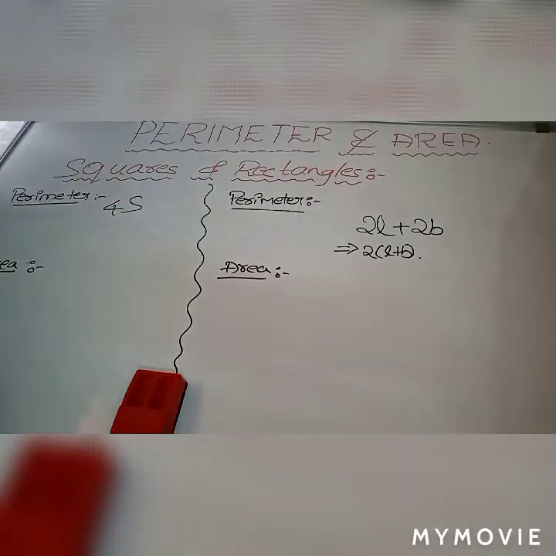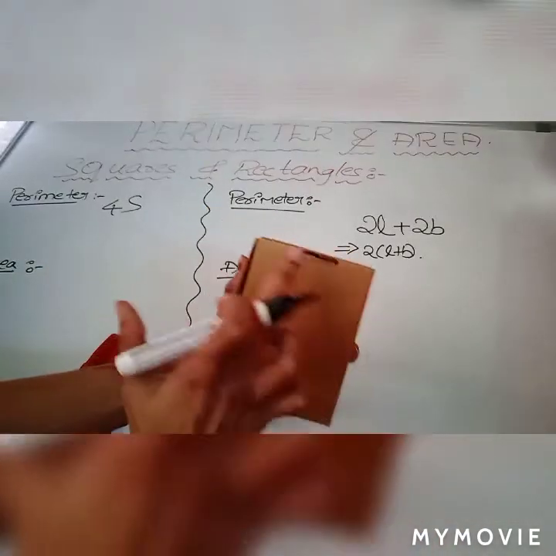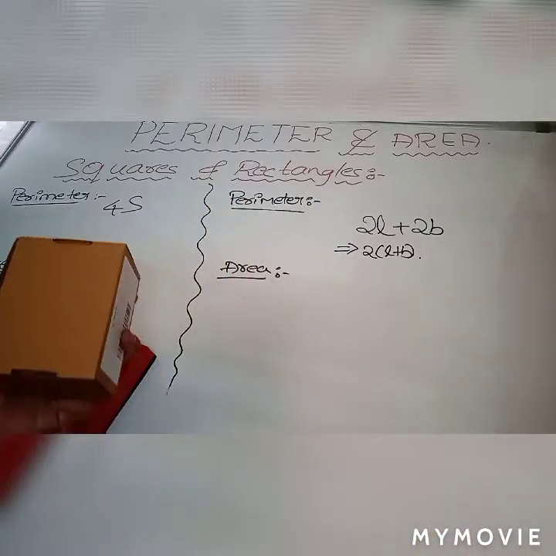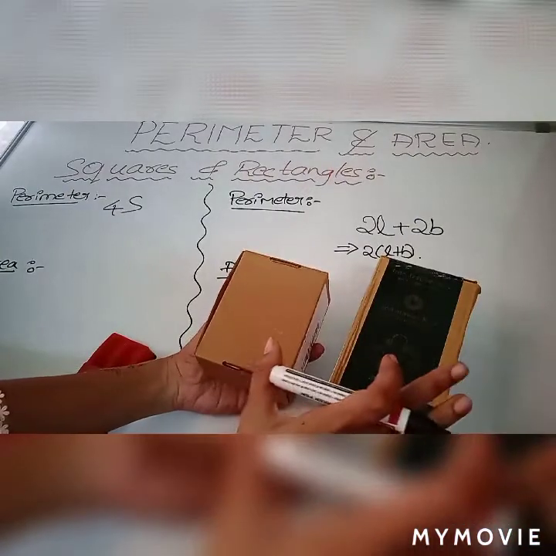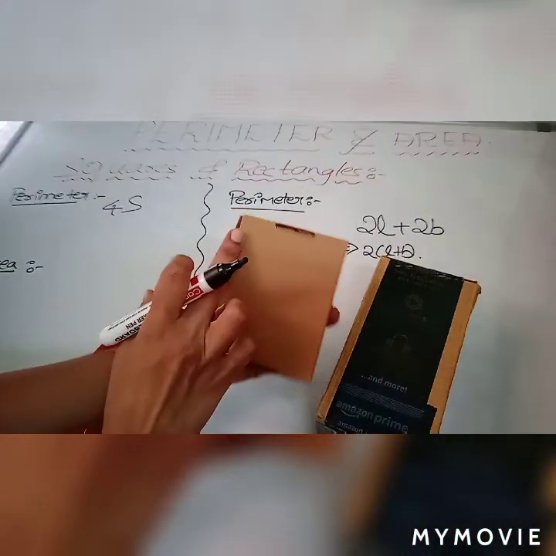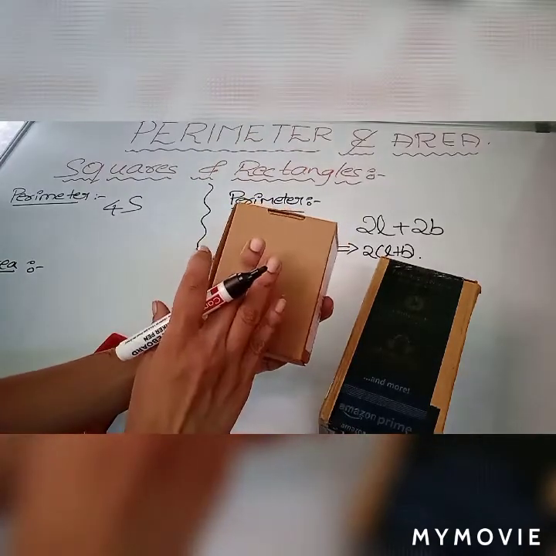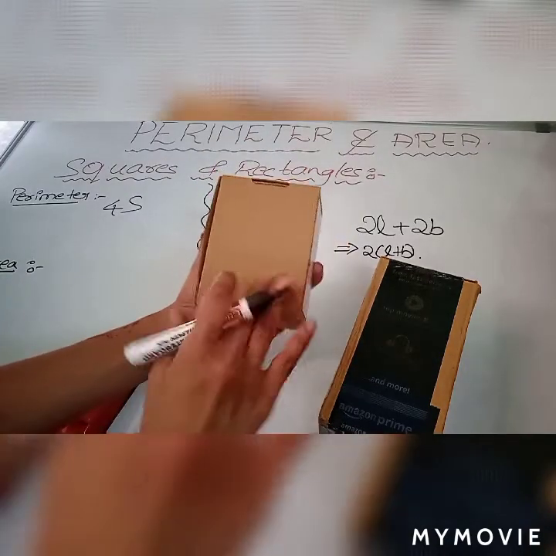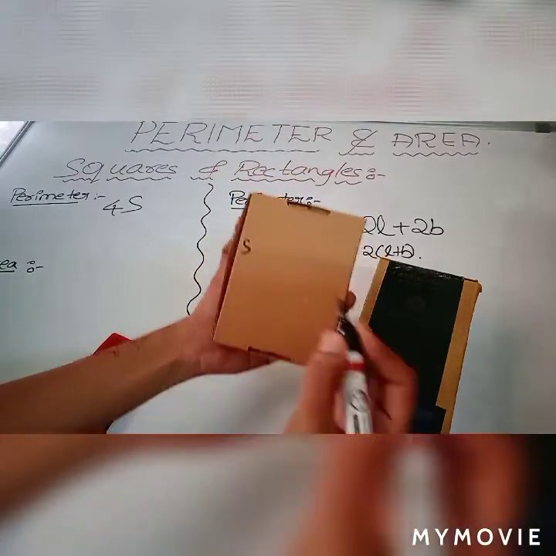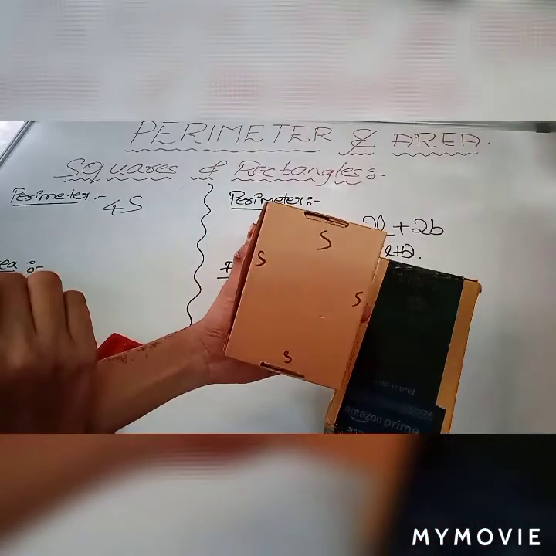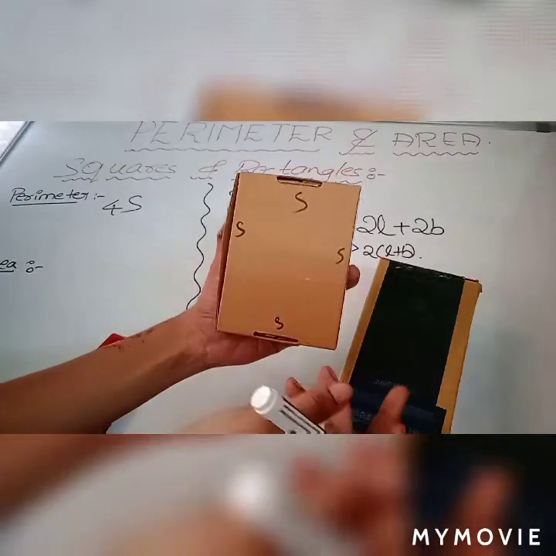Okay. Now next one is area. Children, for the area of a square, we already know that for a square, 4 sides are equal. For a rectangle, only 2 sides are equal. Say this is side 1, side 2, side 3, side 4. In area, we need to calculate only 2 sides.